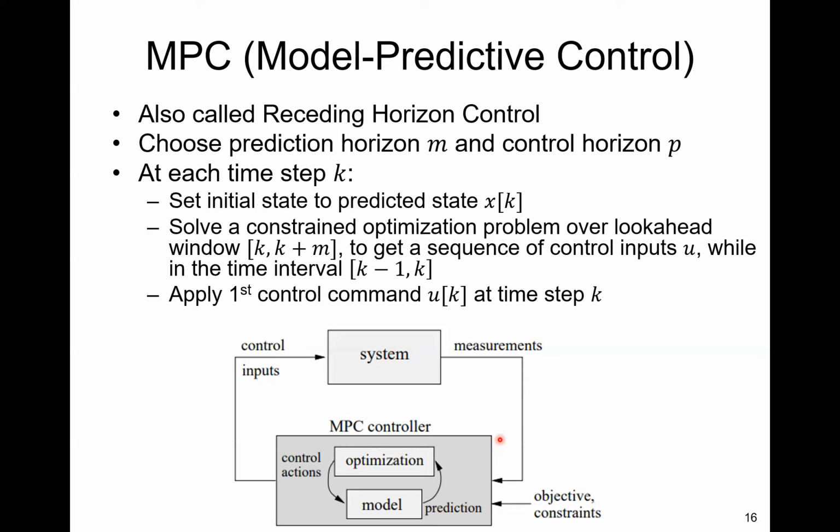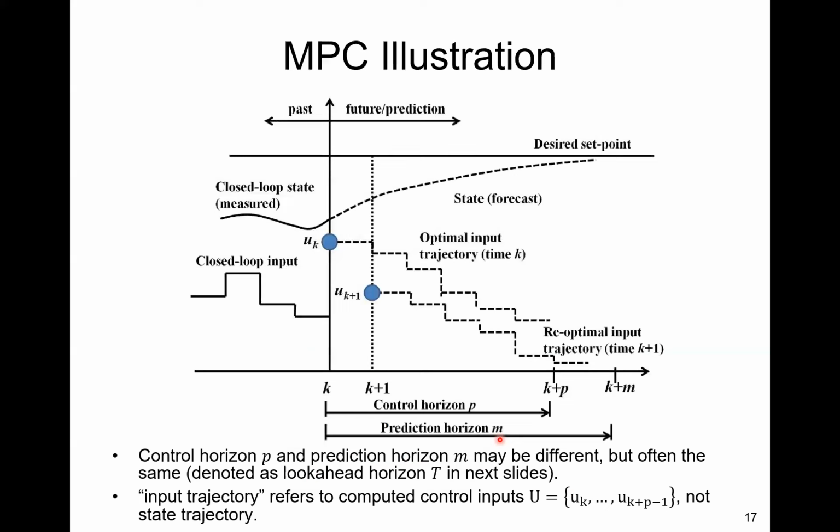Maybe a picture is a better explanation. Your current time step is K. Right now you're at time step K, and you look forward with a control horizon P and a prediction horizon M. You solve the optimization problem and get your control commands U for the future P time steps.